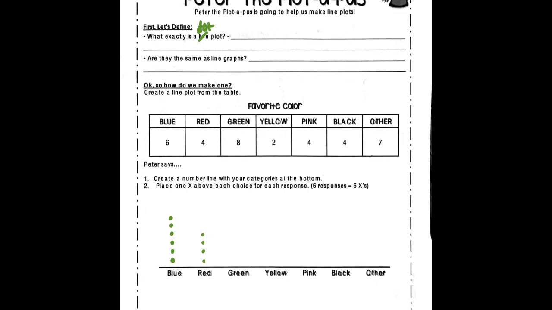For green, there were 8. For yellow, just 2. Pink was 4. Black was 4. And then any other color not listed here, there were 7.